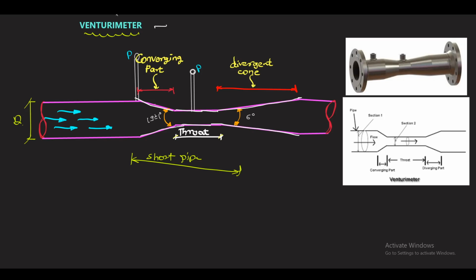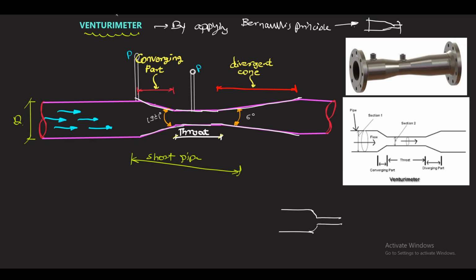So by applying Bernoulli's principle, what is that principle? Bernoulli's principle states that by reducing the cross sectional area, a pressure difference is created. Suppose this is the original cross sectional area, and now I am going to reduce it.